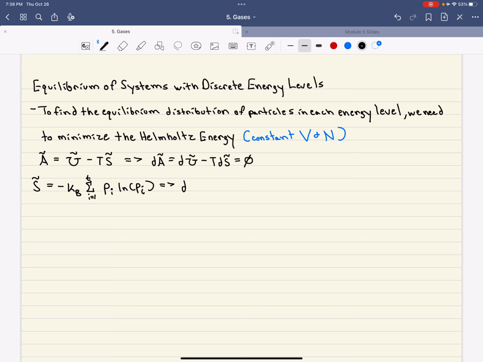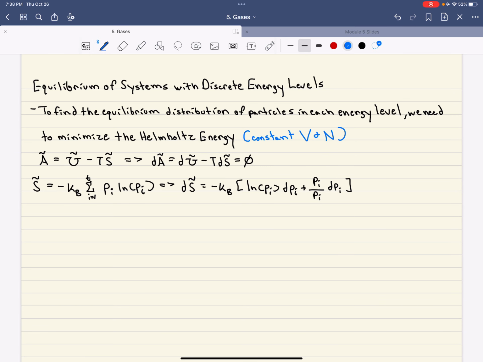Okay, and so that's what molar entropy is. What we want is the total derivative of that. So we're just going to take the derivative of the molar entropy with respect to the probability. Here we'll get Kb times, and then we have to employ the product rule: ln pi dpi, plus pi times the derivative of ln pi, which is 1 over pi, so this is another dpi.